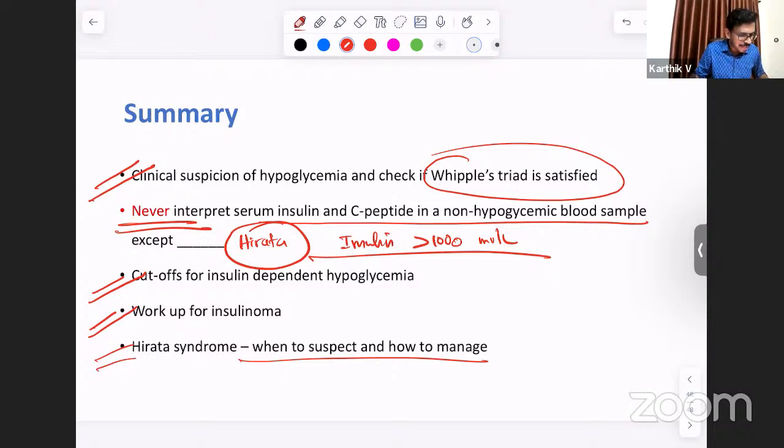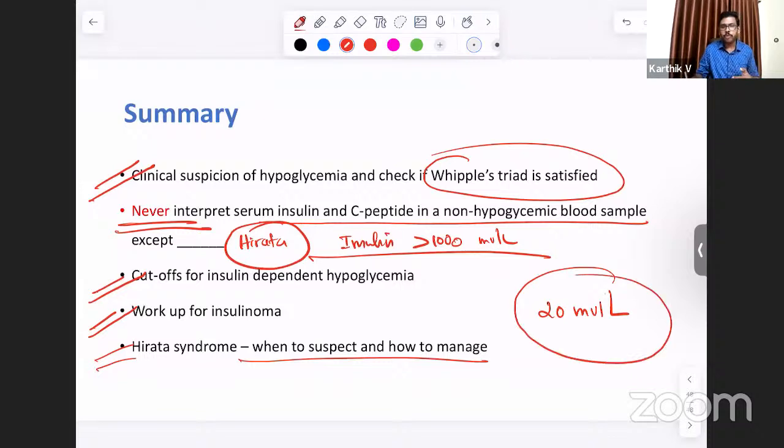And if insulin levels show a value within the normal range during hypoglycemia, I can tell you that in a normal individual, fasting insulin can be as high as 20 milli-international units per liter. So if you take the cutoff for hyperinsulinemic hypoglycemia of 3, it is actually low.